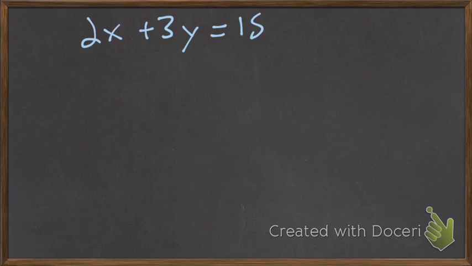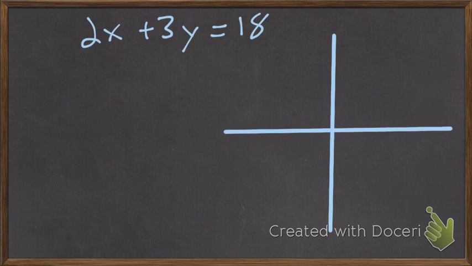Okay, so let me do another example. Let's go back to that first problem that we were looking at. If I wanted to graph 2x plus 3y equals 18. We already solved for our intercepts, but I'm going to do them again just for repetition.